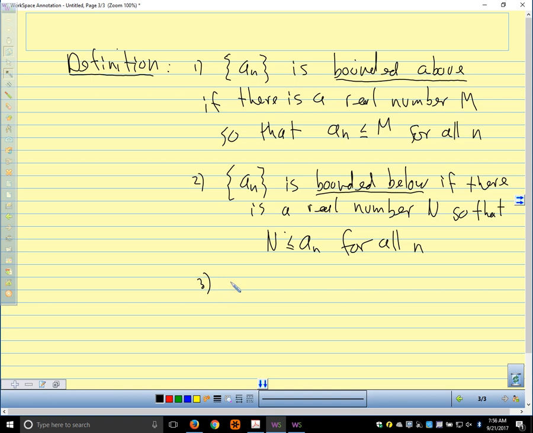And then finally, a sub n is bounded if it is both bounded below and above. And I'm going to back up here really quickly, and I'm going to say m is the upper bound. And here I'm going to say n is the lower bound.